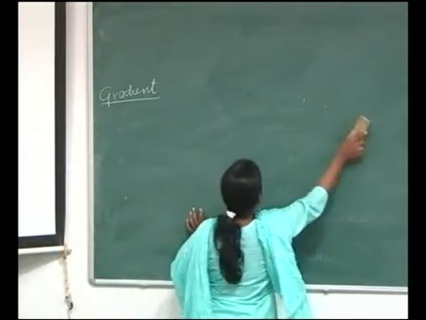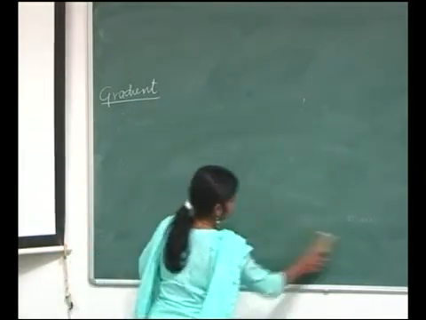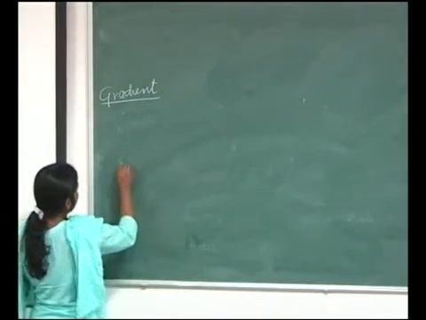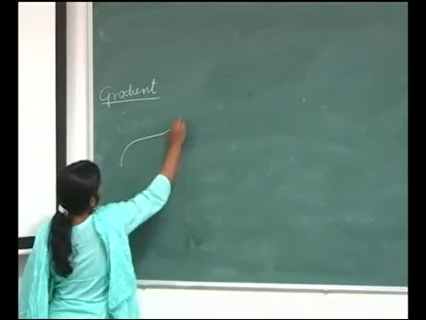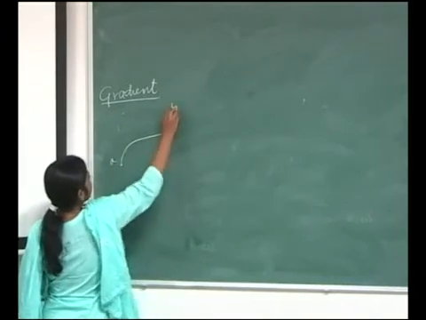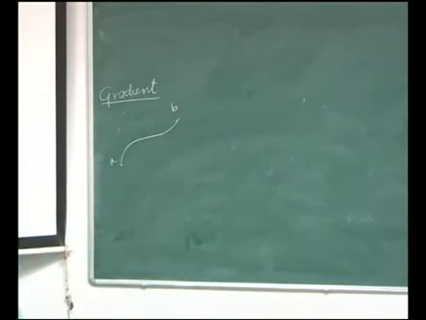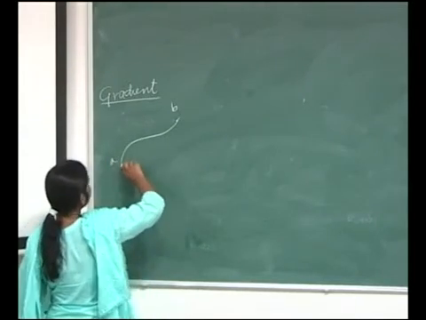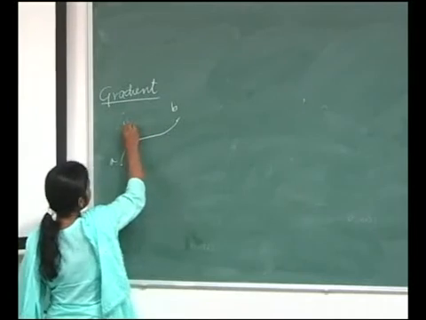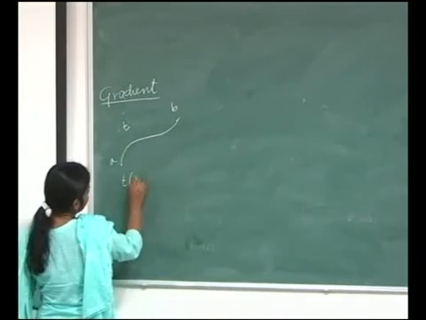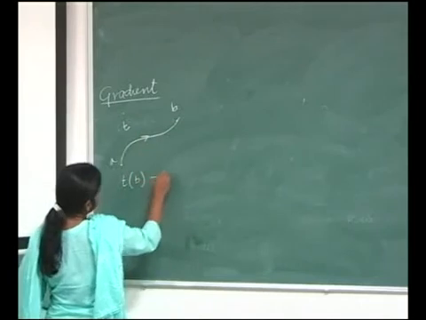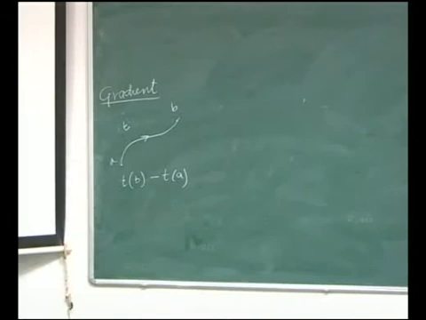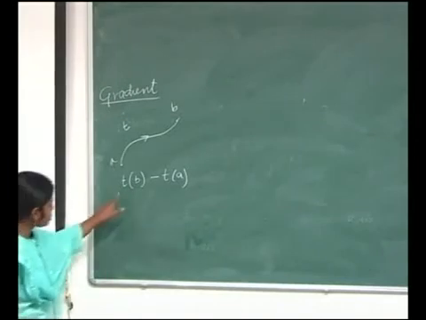Now I will state a small theorem, which is the fundamental theorem of gradient. If I have two points A and B, and when I move from A to B, the scalar function t will vary as Tb minus Ta.